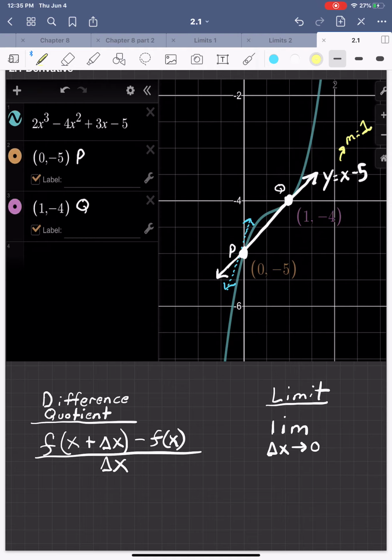That's 1x. Now, I want to make sure you follow me through the rest of this, because what have we just stated? Have we just stated that the rate of change at point P is 1? No. What we have stated is the rate of change between the secant connecting point P and Q is 1.